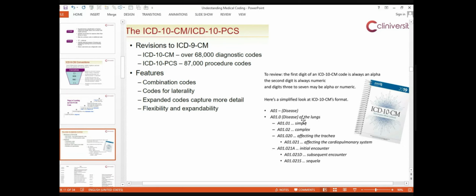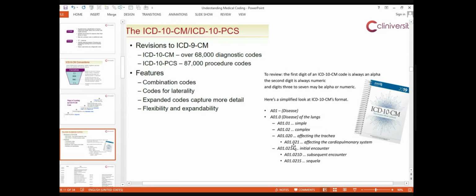So for example, as mentioned, A01.0 is indicating any disease of the lung, under which the complexity of that condition is given, say it is acute. Then A01.02 is indicating complexity, which could be mild or moderate or severe, whatever it is. Then A01.020 is affecting the trachea. That means the condition which is complicated is now leading to certain other complications, affecting the trachea.